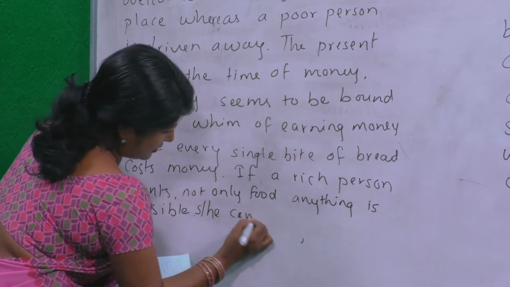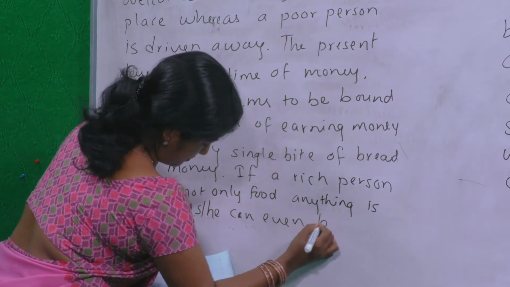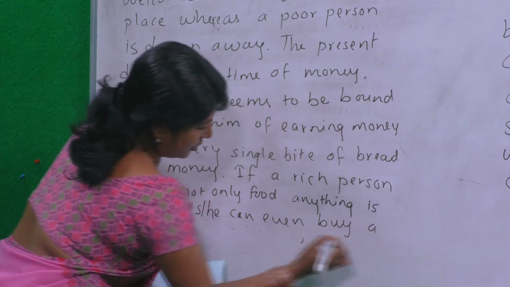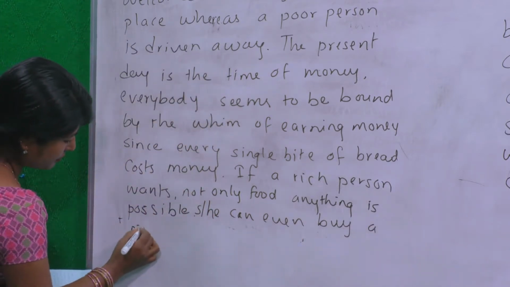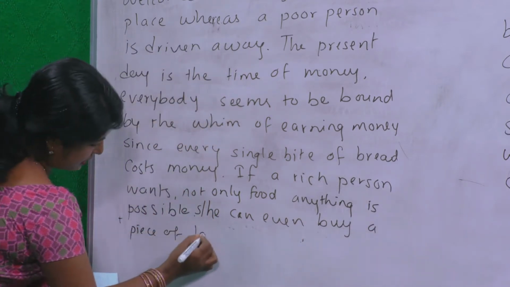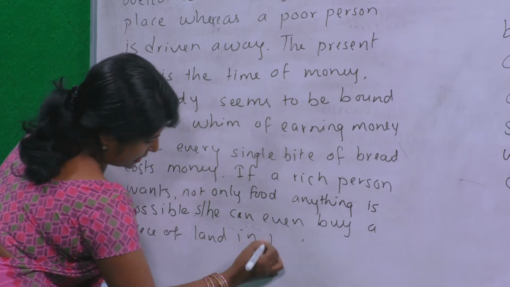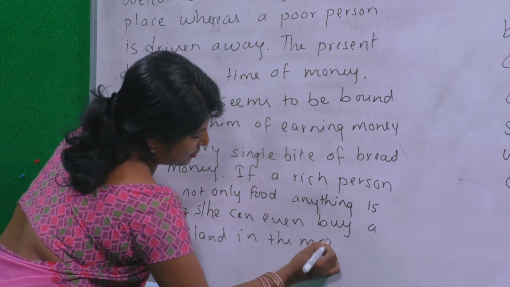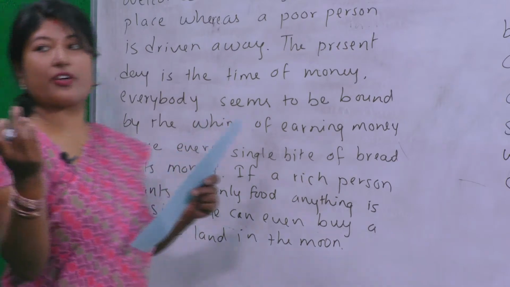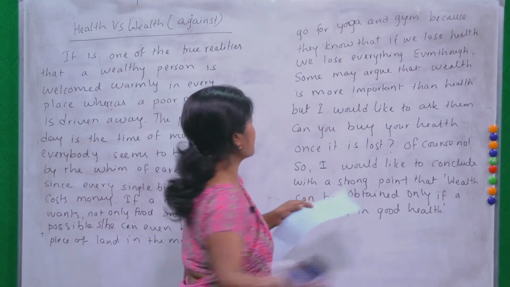She can even buy a piece of land on the moon. So everything is possible for the wealthy person.